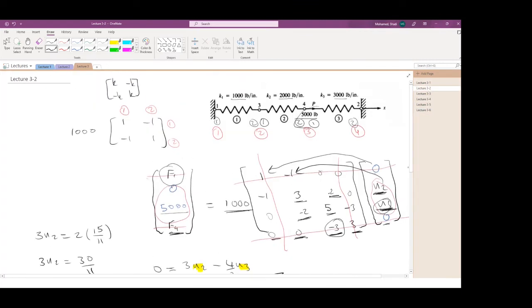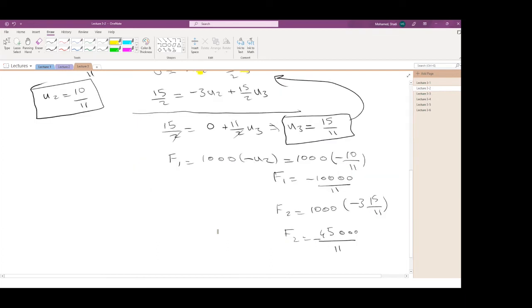I have only one force in there. This is the 5,000 here. And then I have F1 added to F2 is 10,000 plus... F1 added to F2 is equal to 10,000 negative added to 45,000 negative.